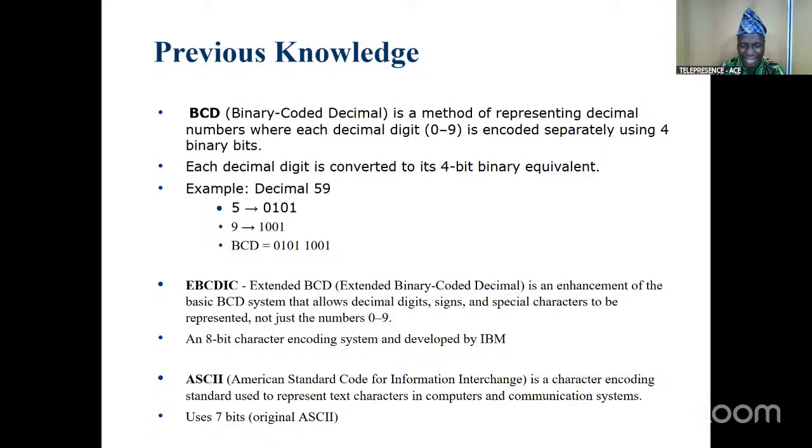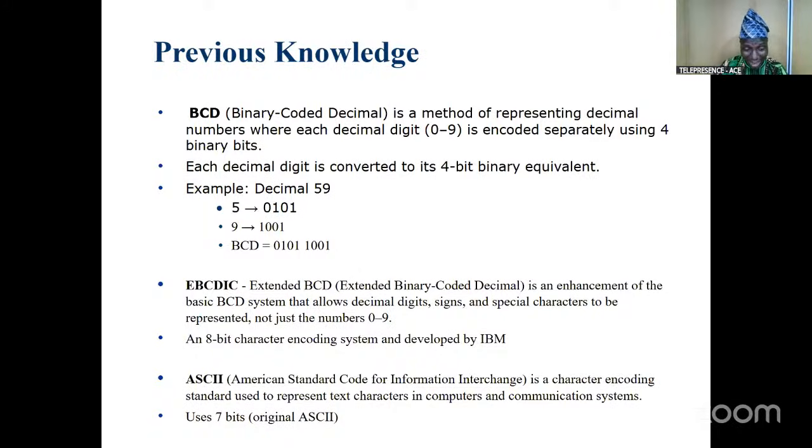That is the extended binary coded decimal information code, which is an enhancement of the basic BCD system that allowed decimal digits to be represented using 8-bit character encoding system, and it was developed by IBM.